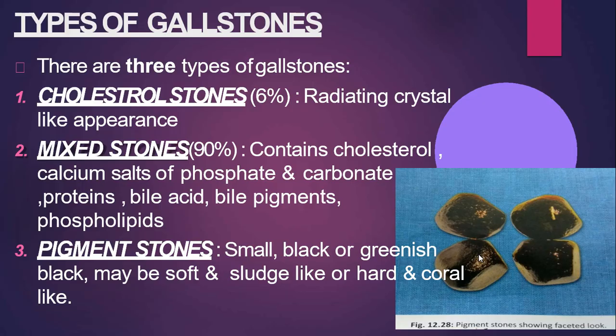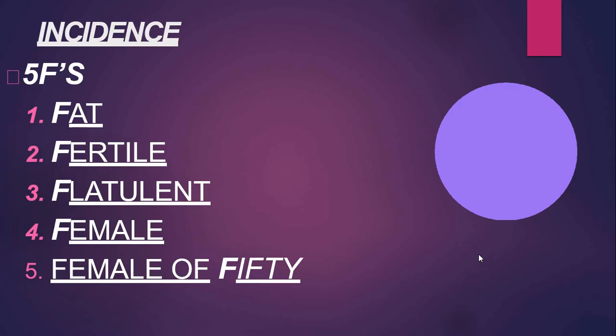And you must listen that females and fatty patients above 40 years of age have more chances of gallstones. These are basically cholesterol stones, containing mostly fat or cholesterol. So the same incidence, the 5 F's you have to remember: fat, fertile, flatulent.